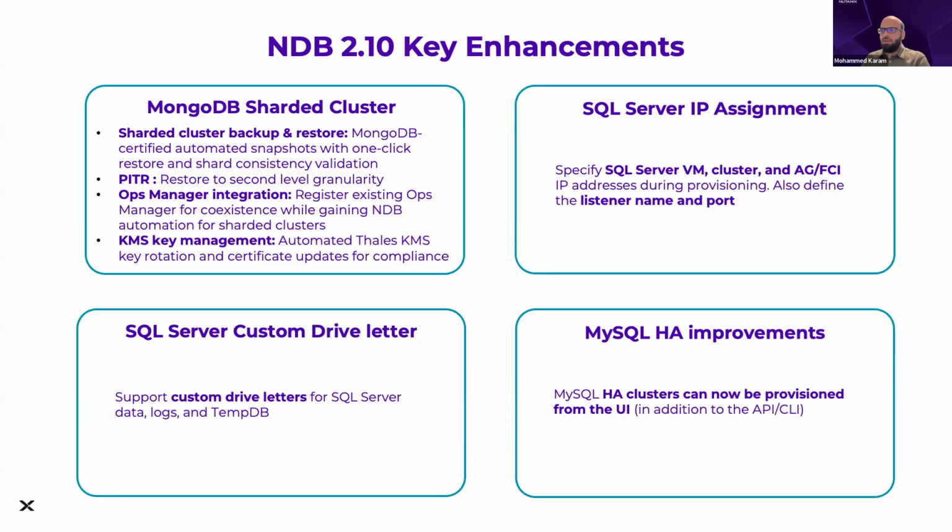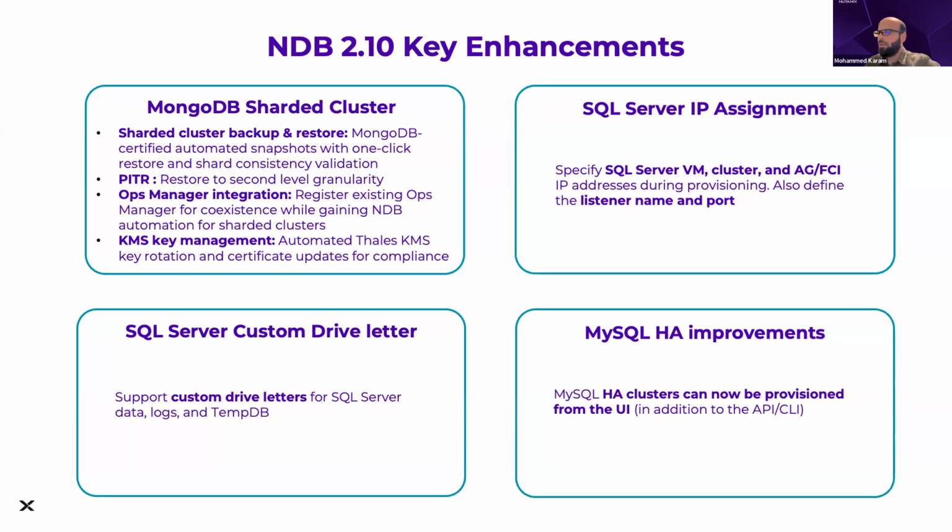The other thing is that a few other updates also came in with this release, predominantly for SQL Server. As I alluded to earlier, there was the SQL Server VM specification, and across the cluster and AG and FCI levels that allows you to now select specific IP addresses during provisioning in order to adhere to specific configuration and topology requirements that you may have, while simultaneously defining whichever listener names and ports you actually want.